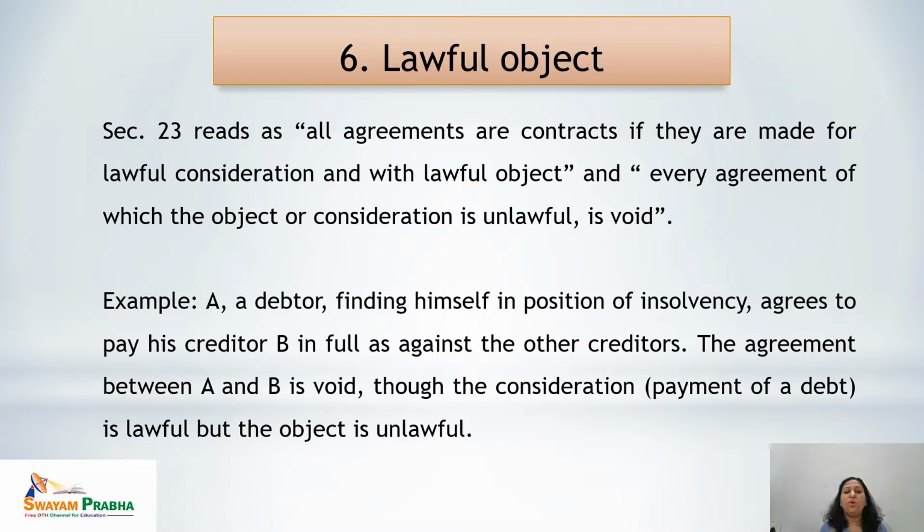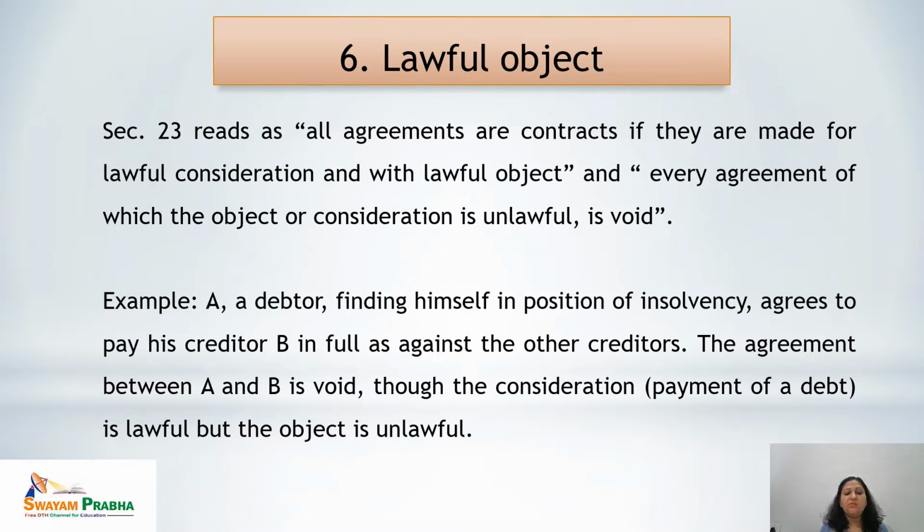With all the essentials of a valid contract, the important part regarding the object is discussed here. When the object is lawful, the contract can be enforced at law, but when the object of the contract is unlawful, the agreement is totally void. Let's take an example.